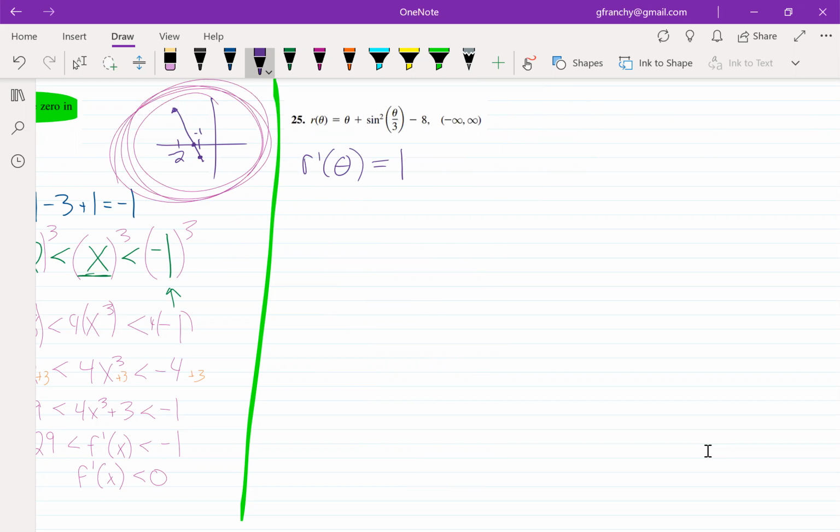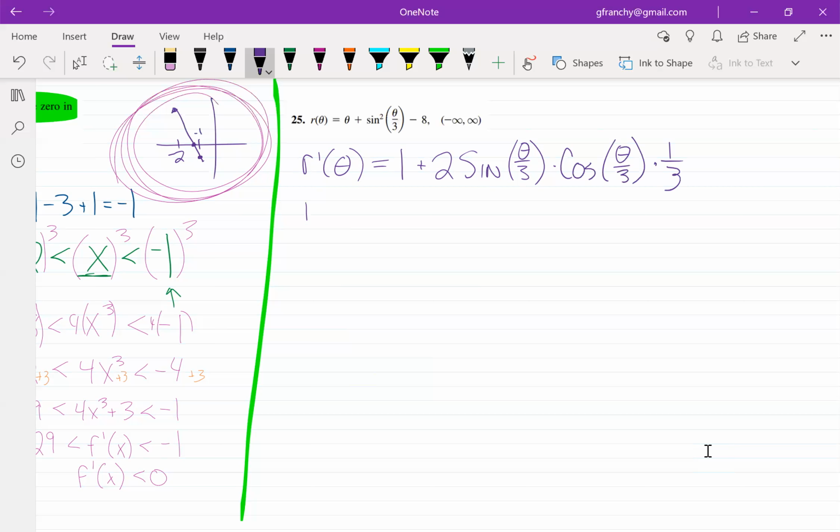The derivative of sine squared of theta over 3 is going to be plus 2 sine theta over 3 times, using the chain rule, the derivative of sine now. That's going to be cosine theta over 3. And again, by the chain rule, the derivative of theta over 3 is 1/3. The derivative of -8 is 0.